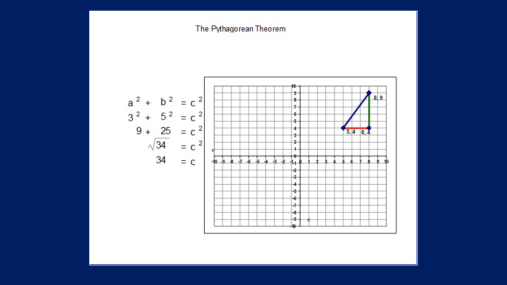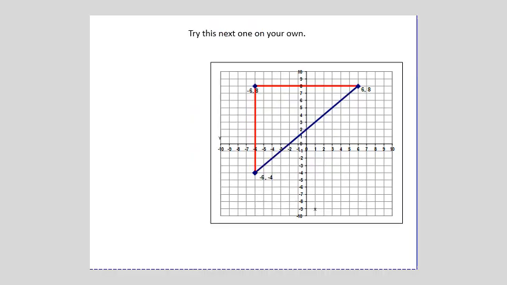So we find the square root of 34. C equals 5.83. Try this next one on your own.